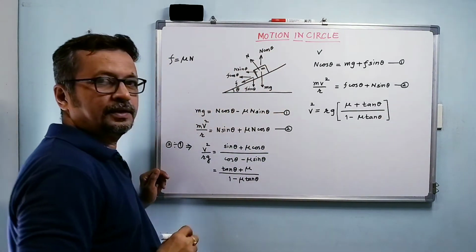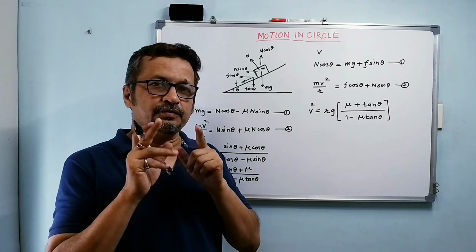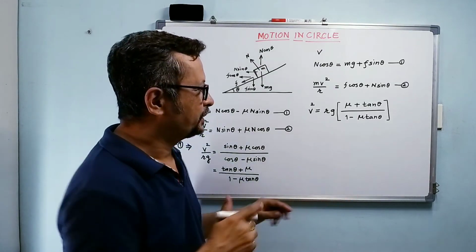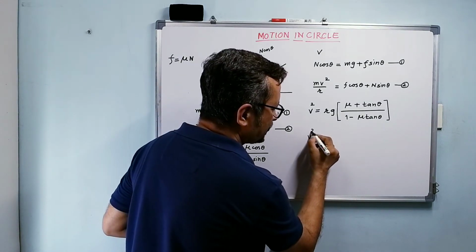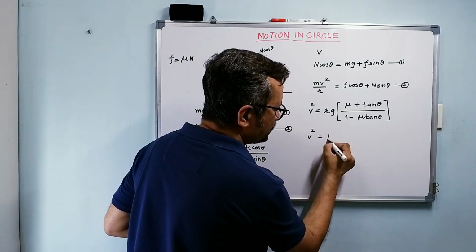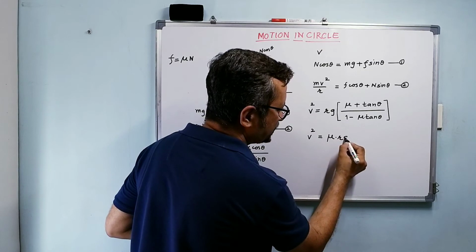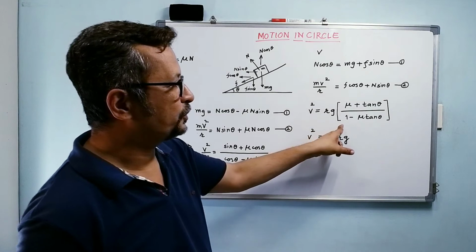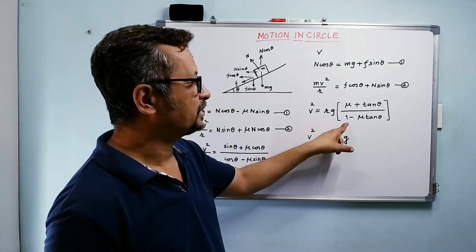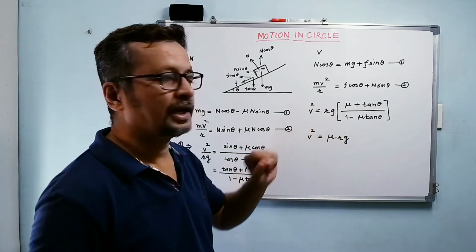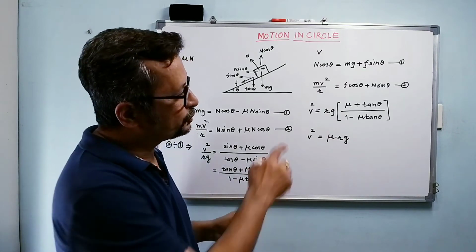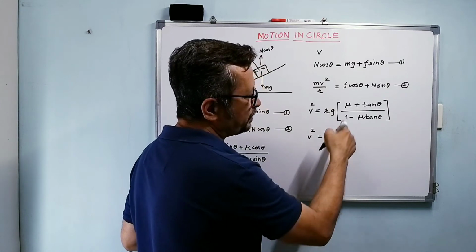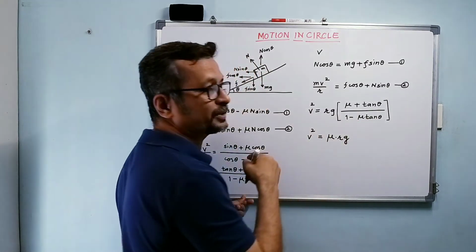Correct? If you remember, for a car traveling on a level horizontal road, my v square was equal to mu times rg, and now I am getting v square is equal to mu plus tan theta upon 1 minus mu tan theta into rg, correct? So if you see here, mu is replaced by mu plus tan theta upon 1 minus mu tan theta.